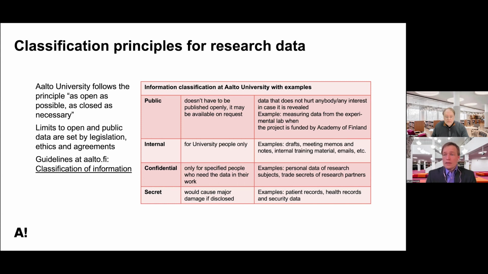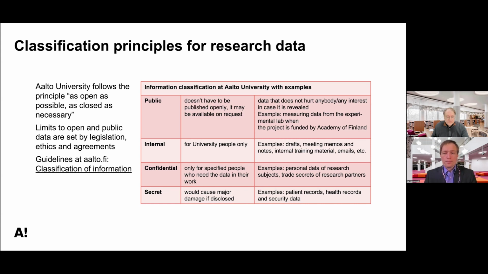Then we have the internal level, to be shared only with the people of the university: students, staff, other faculty members. And then when we limit confidentiality even more to the level confidential, then we can name a group of persons. It might be few, it might be many, but anyway, we will name a certain group of people that can access the data and others should not.